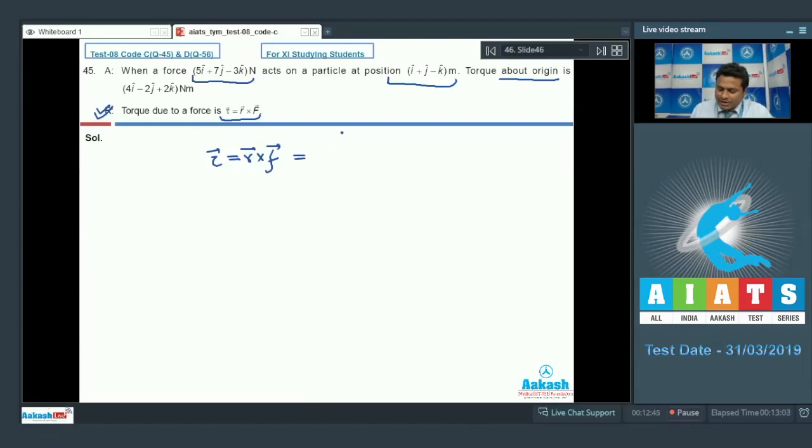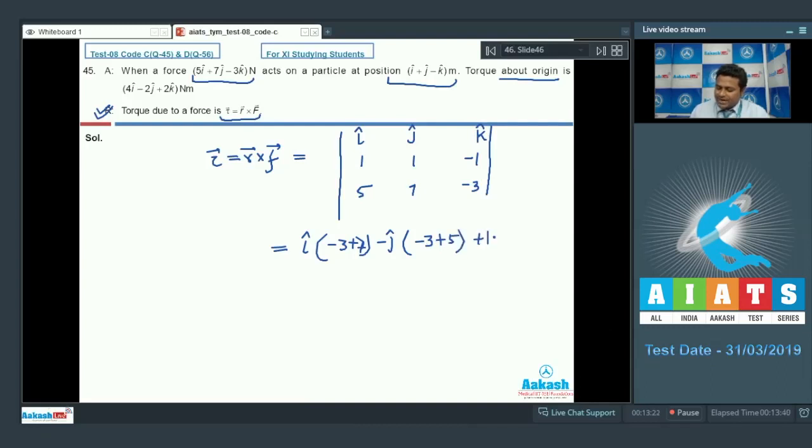Now cross product can be calculated by determinant method: I cap, J cap, K cap. Put the coefficients of I, J, K from vector R, we will get 1, 1 and minus 1. Coefficients of force vector, that is 5, 7 and minus 3. And when we solve this determinant, we get I cap within bracket minus 3 plus 7, minus J cap minus 3 plus 5, plus K cap 7 minus 5.